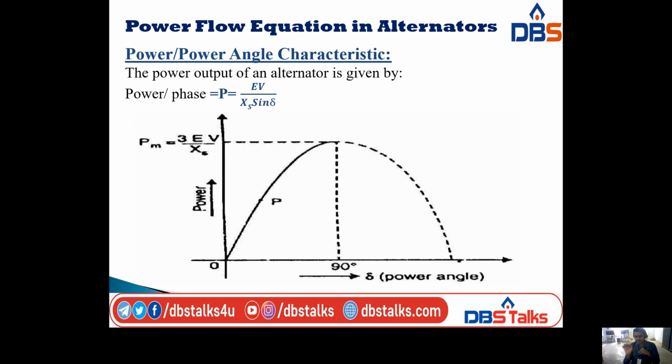At 90 degrees we have the maximum power per phase, that is P maximum is equal to 3 into EV by Xs. This is for the 3-phase, but for a single phase we have P is equal to EV by Xs. So this is the power angle curve for the cylindrical type alternator.